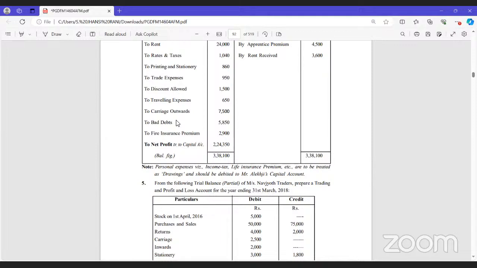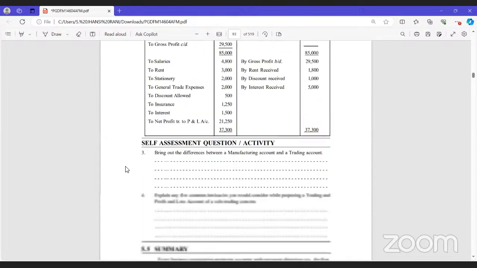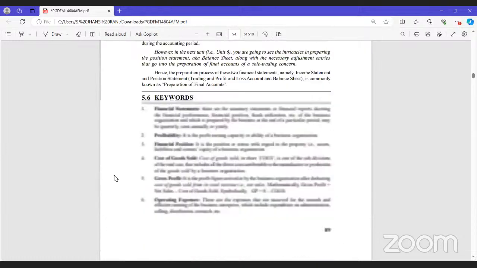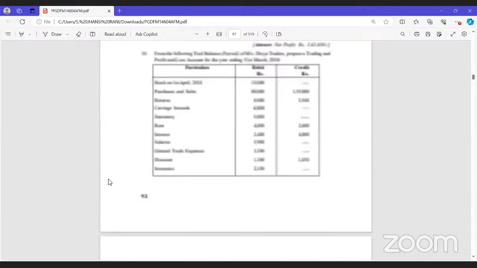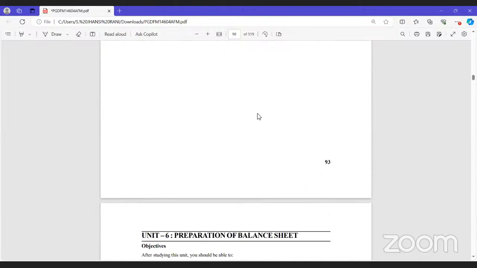So in that case, we will deduct income tax, life insurance premium, and also children's school fee. These three will be deducted from the capital of the owner in the balance sheet. Is it clear? So this is how we prepare the profit and loss account. I hope you all have understood this. And preparation of balance sheet we'll discuss in the next class.